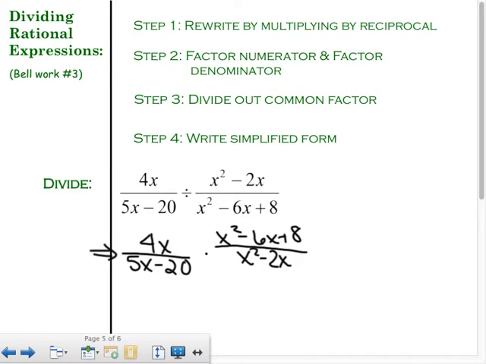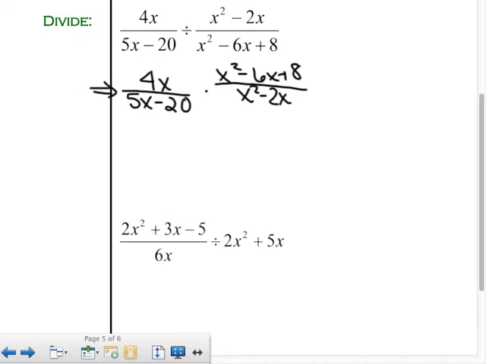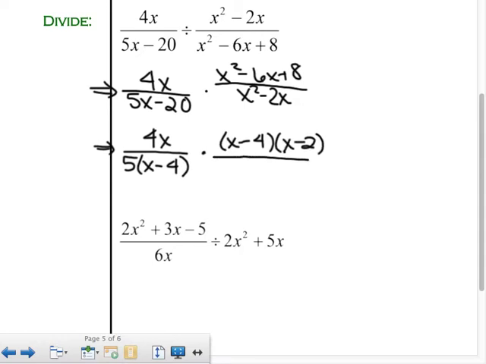Now we can go through and factor and divide out our common factors. So I'm going to factor a 5 out, and I'm left with x minus 4. On the top right, I can factor that into x minus 4 and x minus 2.